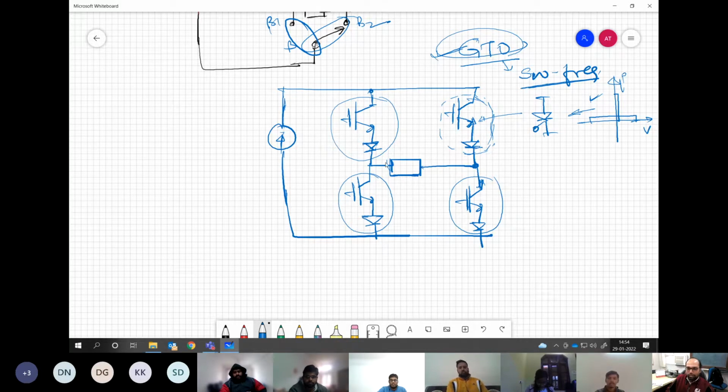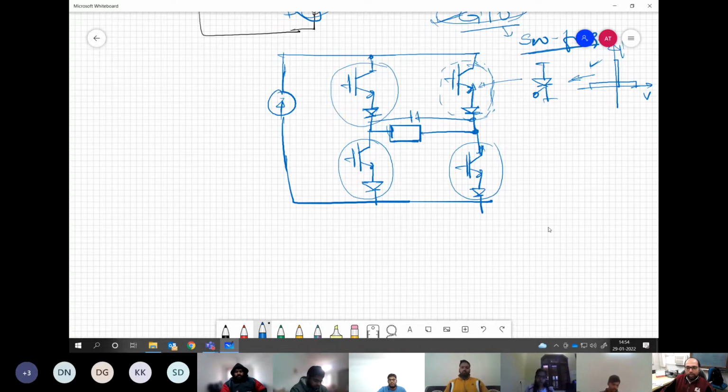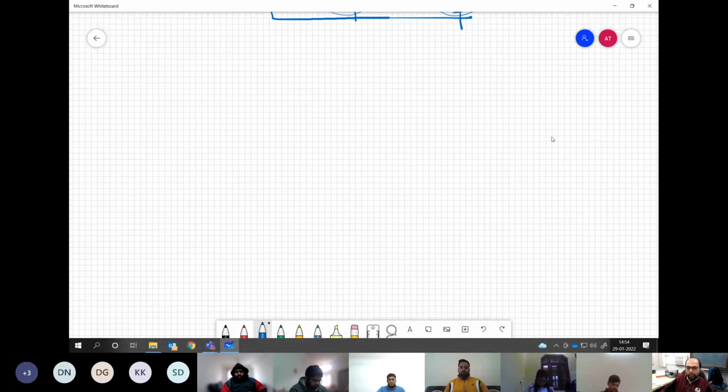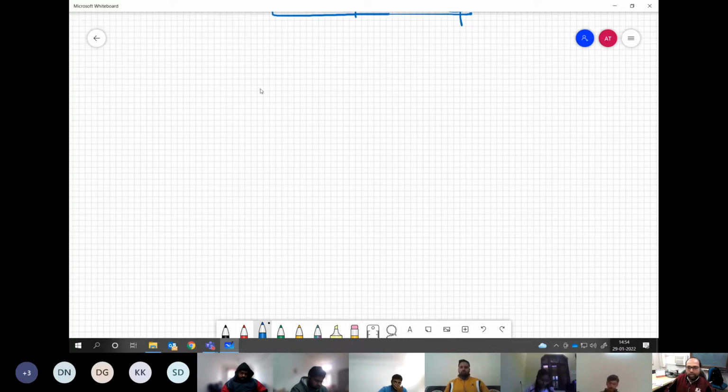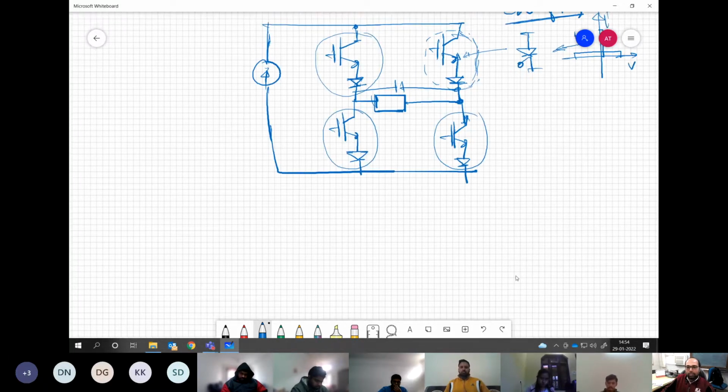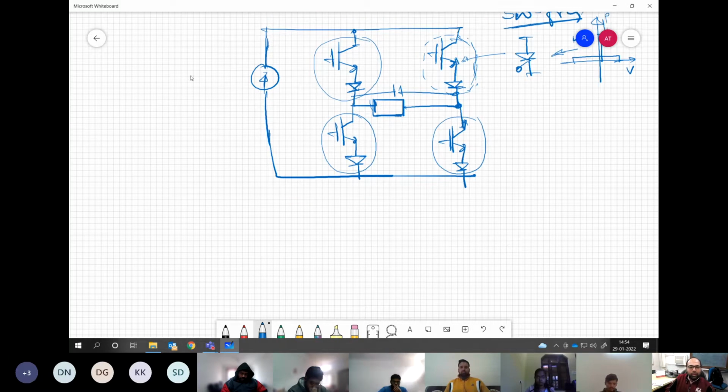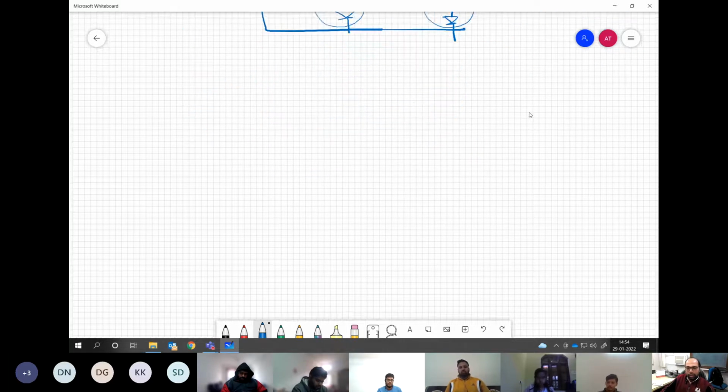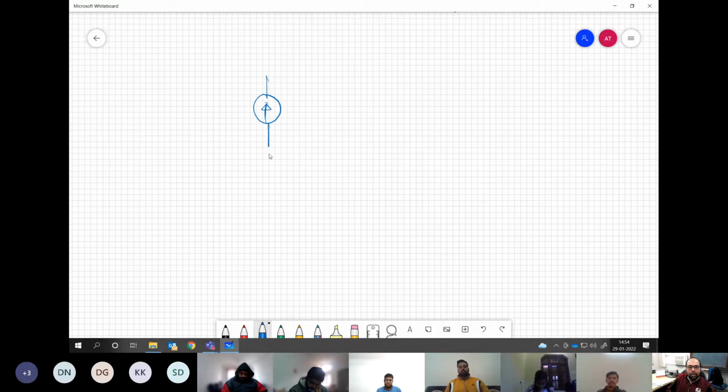Fine? Okay. Now we just quickly draw the three-phase current source converter. So this was single phase. We have only two terminals for the load. Now if you have to connect a three-phase CSI, you need SPTT.